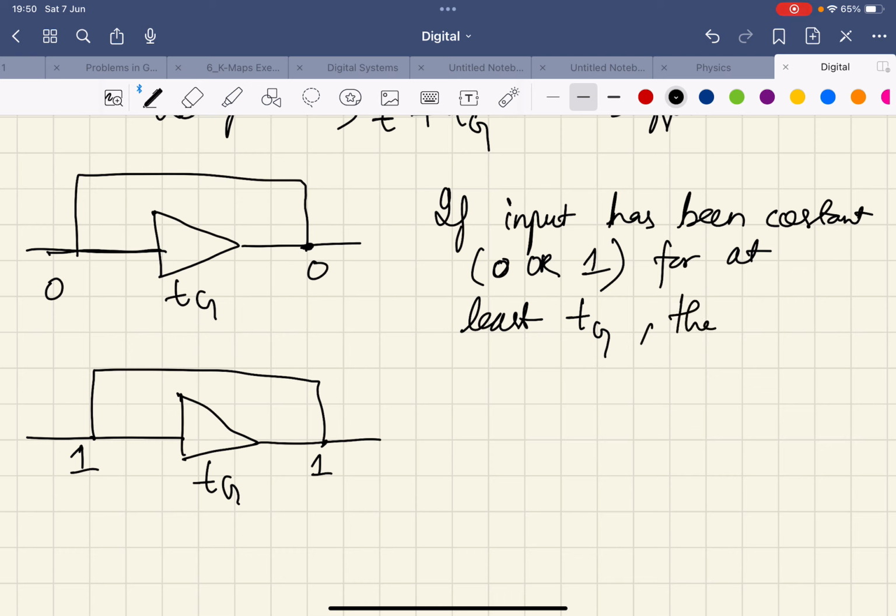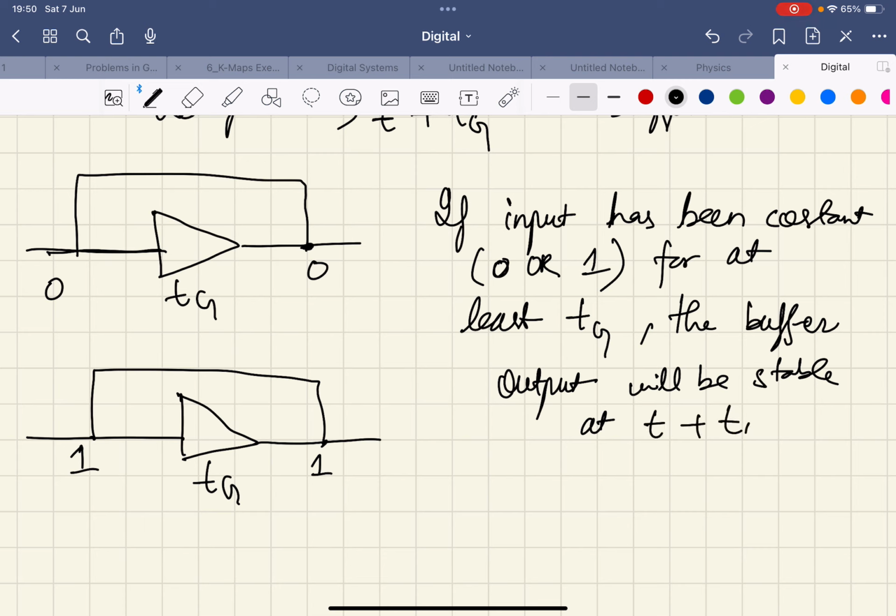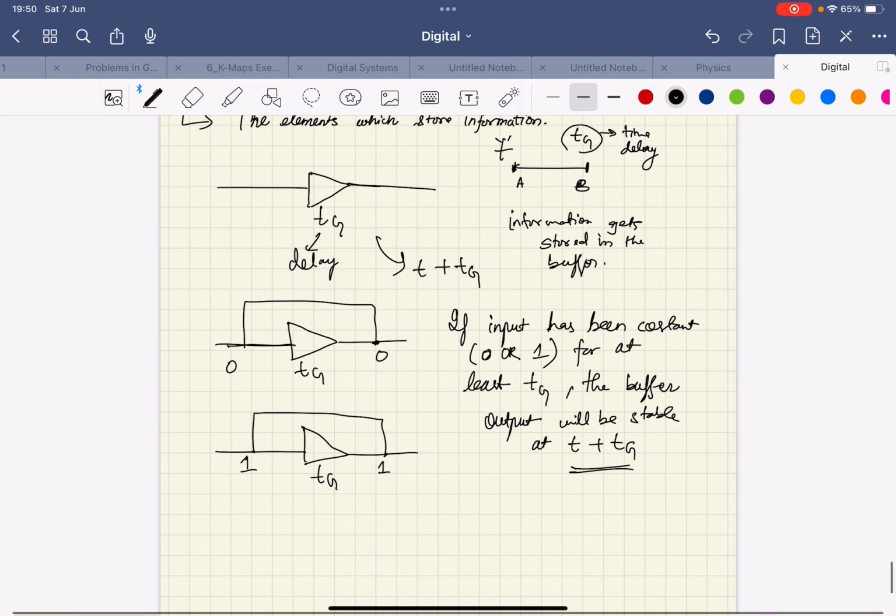So the buffer output will be stable at t plus tg. Whatever the output, it will not be unstable whether we apply feedback or not. It will be t plus tg. Just a conceptual thing to know about it.